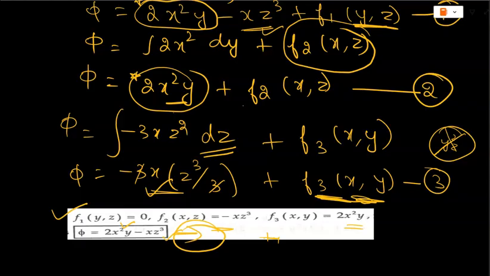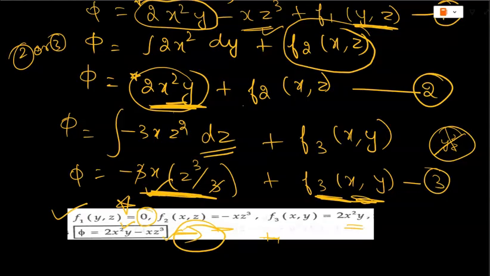How we got this function of y and z: the function of y and z is mentioned in the first equation, and you will search in the second or third equation. You can get it in any one of the equations. Here I didn't get any yz combination in the second equation, only an xy combination is there. Again, there is no yz combination in the third equation. That is why I have written this as 0.